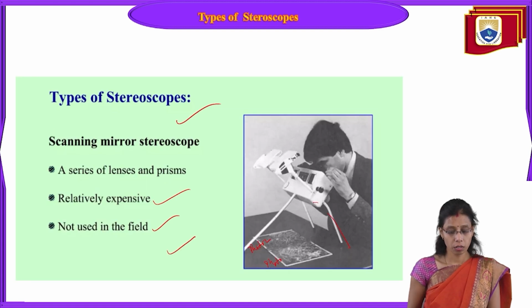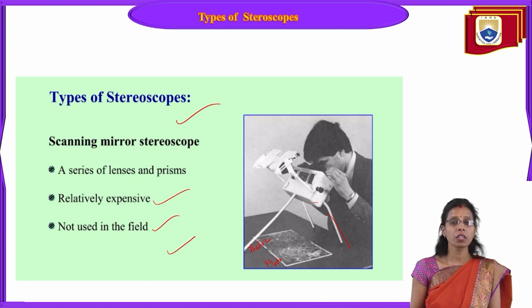So for today's lecture, I hope you understood what is a stereo pair, what is stereoscopy and what are overlapping photos. A stereoscope is an instrument. With the help of an instrument like this, we view the 3D vision in an overlapping series of stereo pair photos.